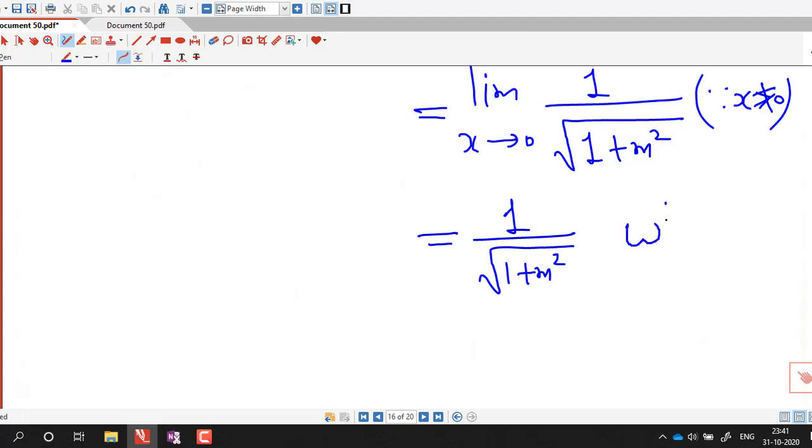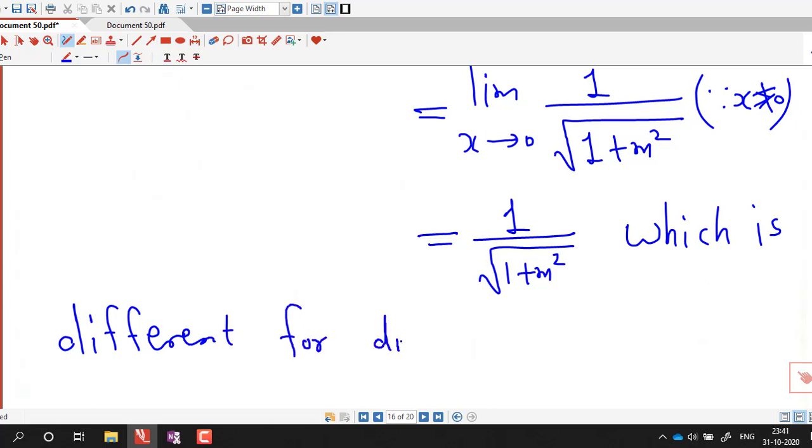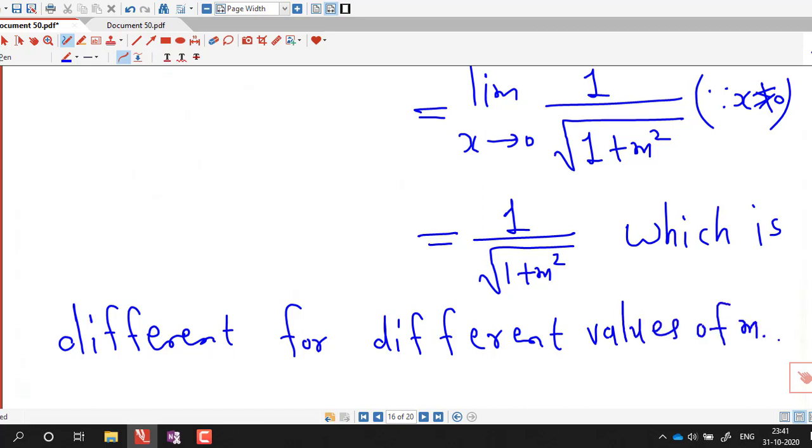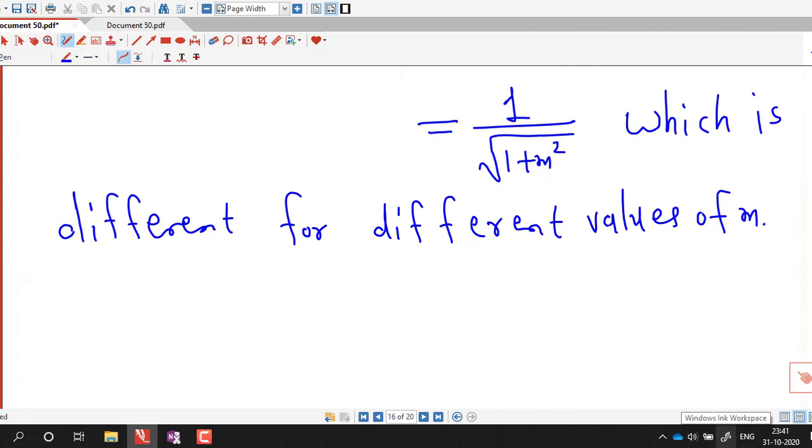So this means that the limit is different for different values of m. That means the limit is different along different lines passing through the origin. So therefore the limit does not exist.